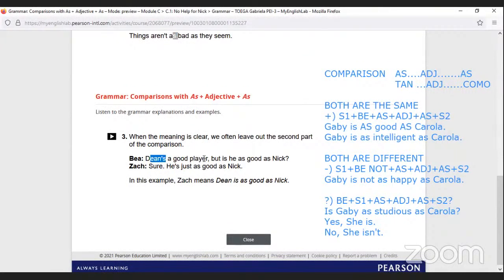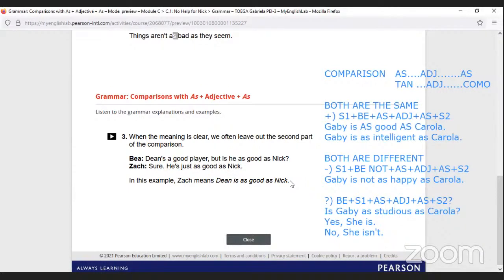Dean is a good player, but is he, first the verb to be, is he as good as Nick? Sure, he is just as good as Nick. So they are both the same. An example, such says, means Dean is as good as Nick. Okay, so I think it's not difficult, right?